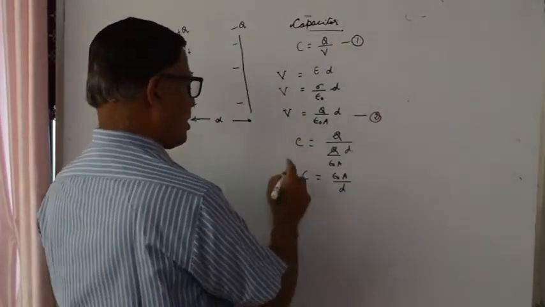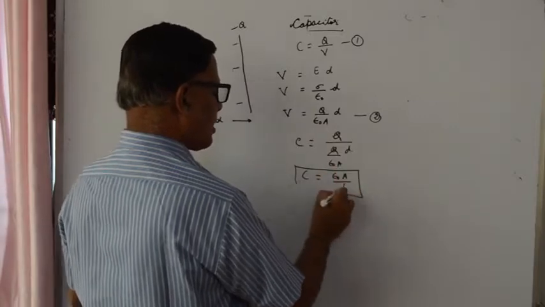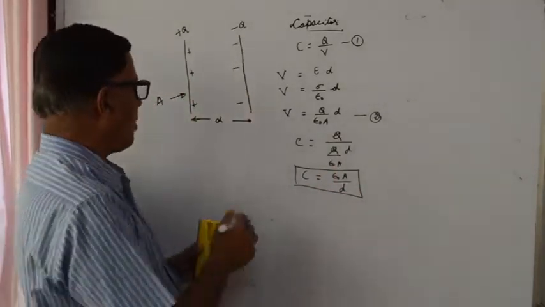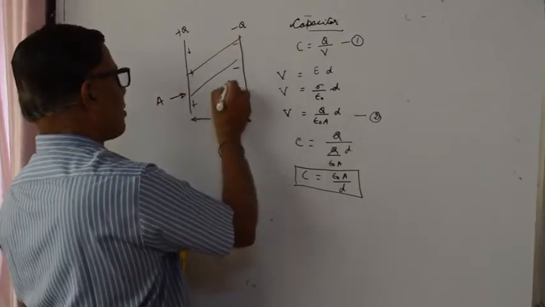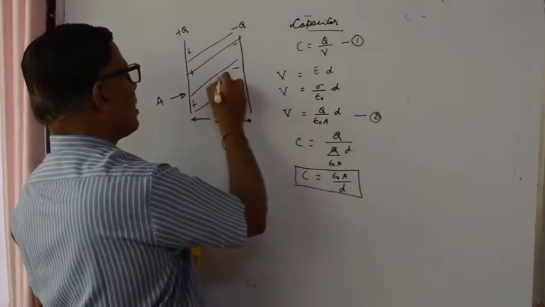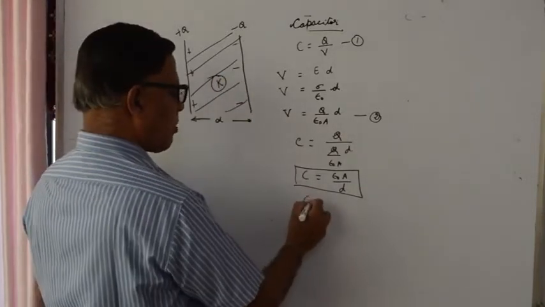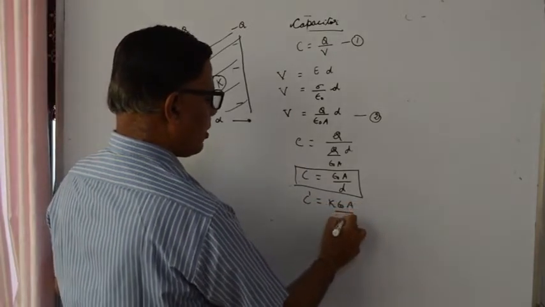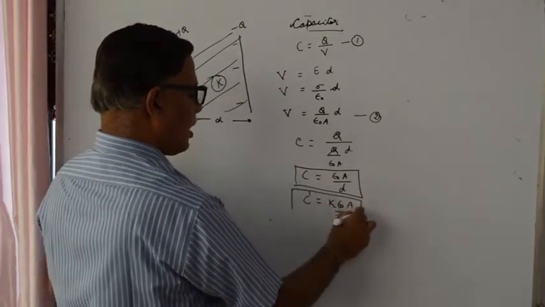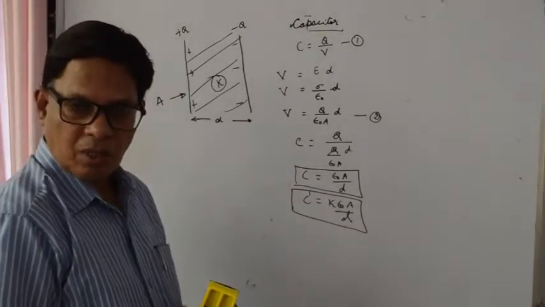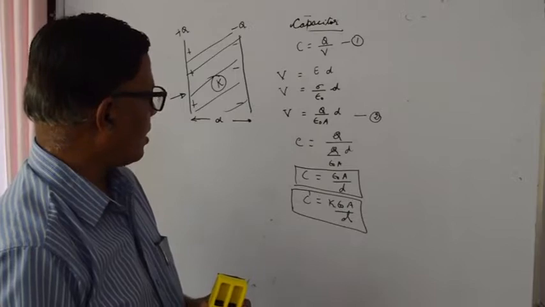So this is the capacity of the parallel plate capacitor when the medium between the plates is vacuum. If we introduce a dielectric, we will see about dielectrics also in this chapter, having dielectric constant K, then capacity becomes K into epsilon 0 A upon d. That is, capacity can be increased by introducing the dielectric between the plates of the capacitor.